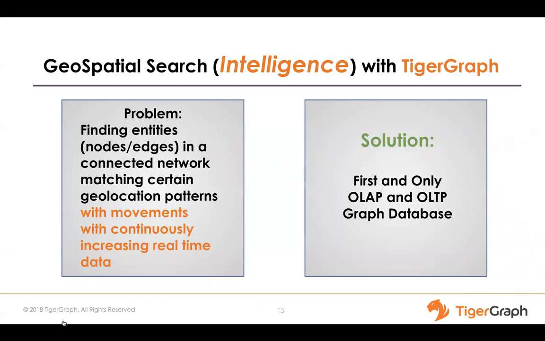This cannot be achieved by first-gen and second-gen graph databases because of the architecture differences. With TigerGraph, our solution is the first and only OLAP and OLTP platform graph database, and you can look at transactional data as well as analytics needs in your solution.